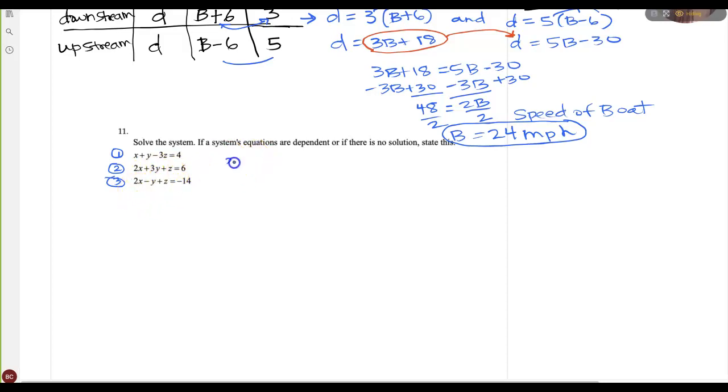But if I take equation 2 and equation 3 and say I decide that I want to get rid of the x's, right? So I'm going to take that first equation and I'm going to multiply it by a -1. And then the second one, I'll just be leaving the same.